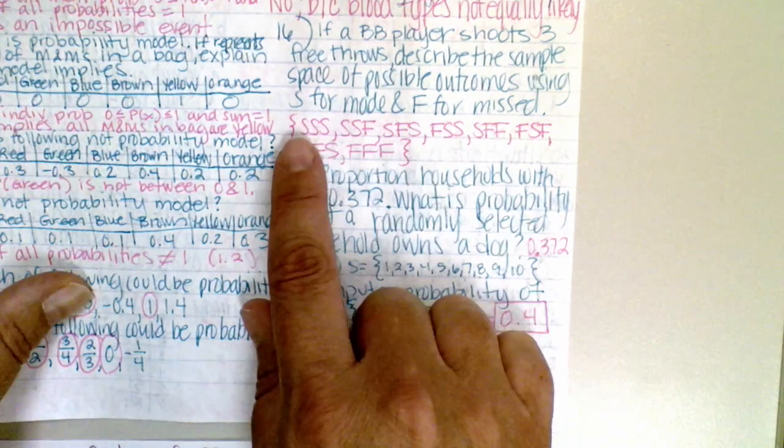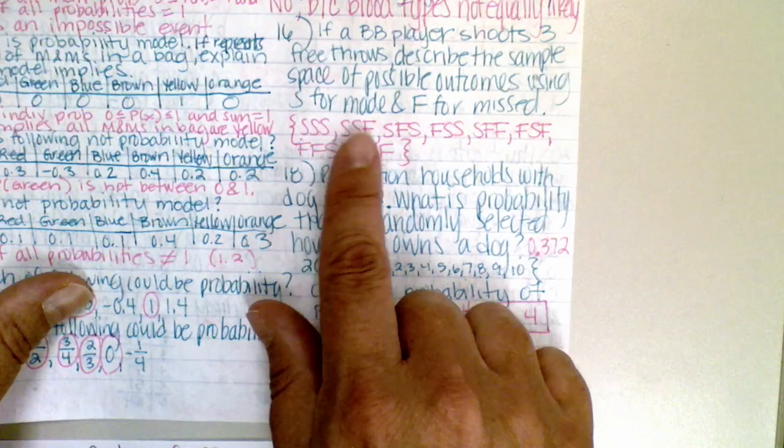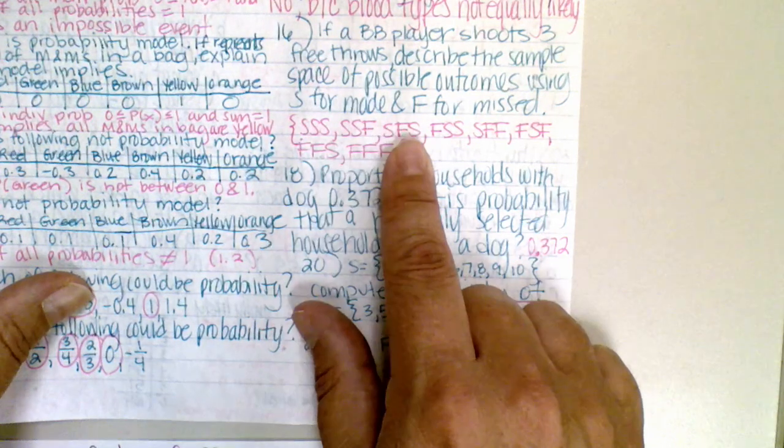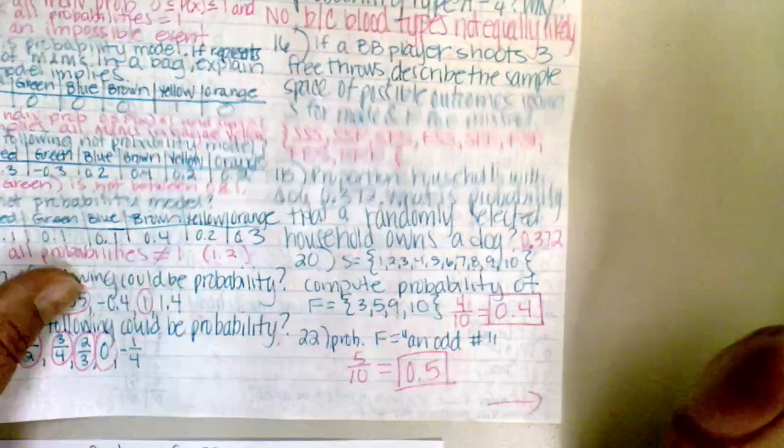So made, made, made, made, made, missed, made, missed, made. That's what you are listing. If you want to double check your total number, you should end up with 8 different possibilities in the sample space. So just make sure that you use some kind of system for interchanging the letters so that you don't miss one.